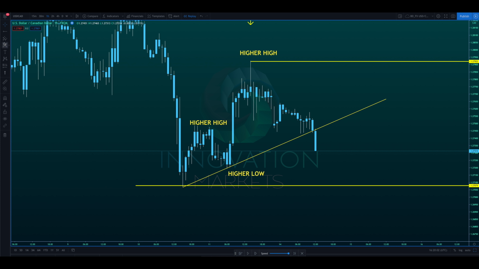We've got 0.1. We've got 0.2. So the all important place to buy this is where? 0.3. But as I said, if it was that easy, everybody would be doing it. It's not that easy. This is where 95% of retail traders take a trade.